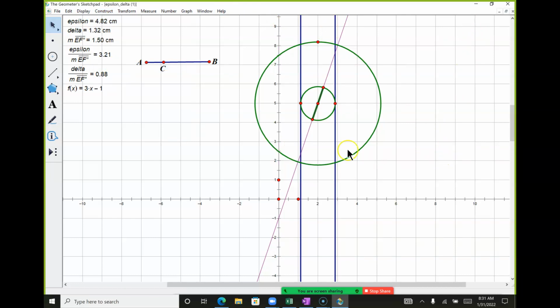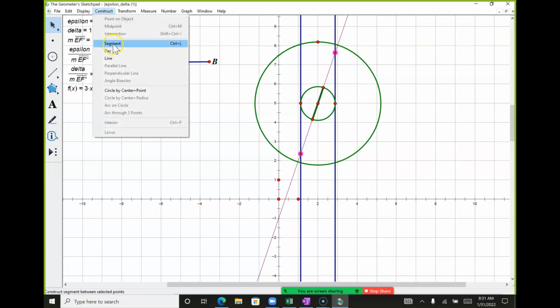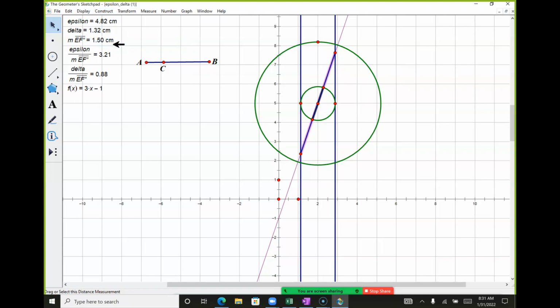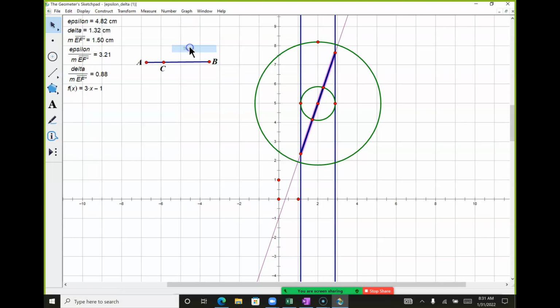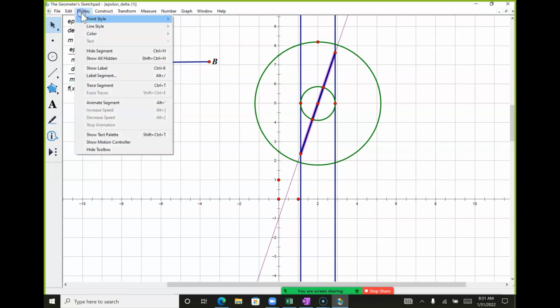What I'm interested in is that segment, and let me change it. Let me take the display, the line style, make it thick, and change the color.